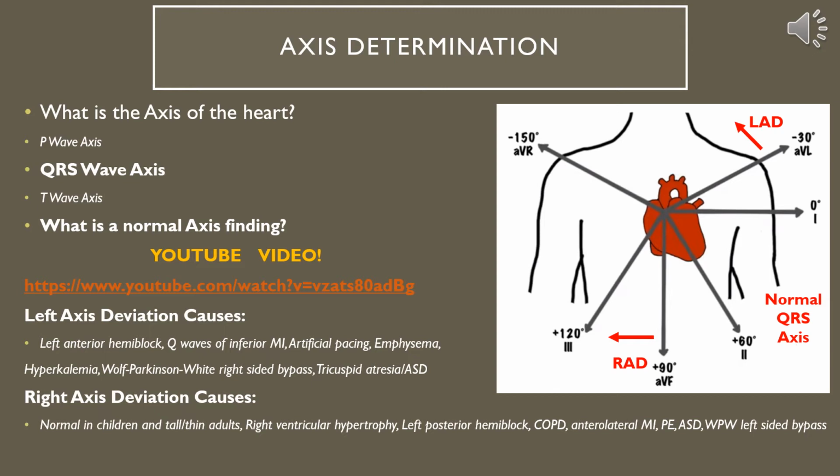This can be helpful, and it can help elucidate any kind of possible problems. I have written down here on the bottom left-hand side some left axis deviation causes versus right axis deviation causes that are more common. So notating whether it is a left axis or right axis deviation can clue you into some other problems that may be going on.